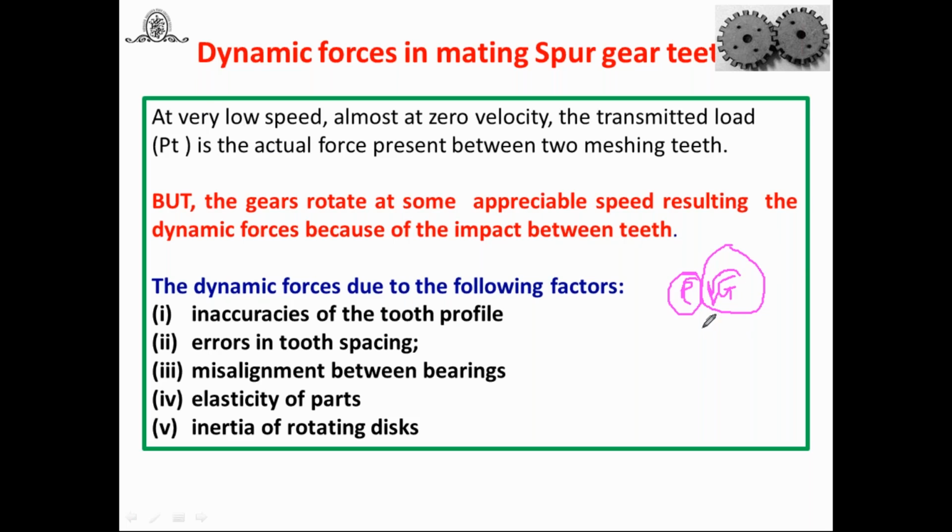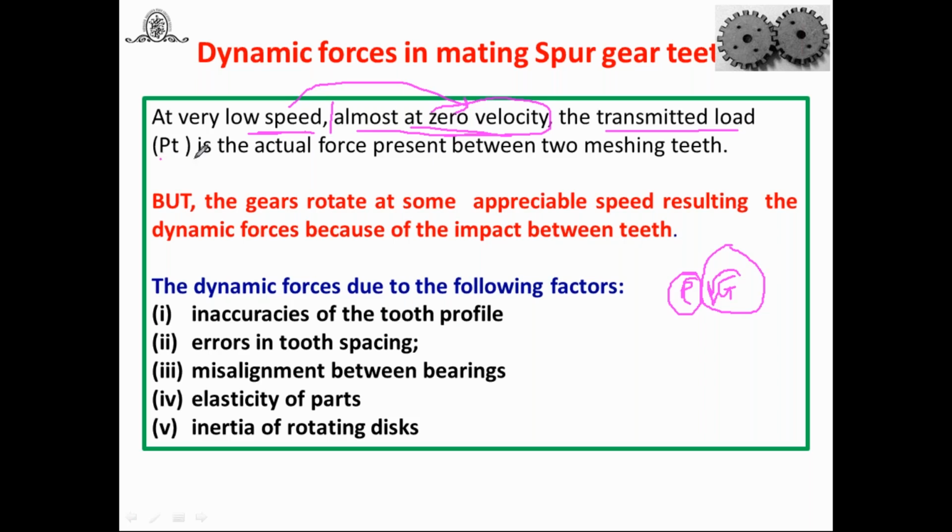Sometimes the pinion rotates at very low speed, almost zero velocity, though that is not really possible. If the pinion is stationary, no dynamic forces result between the pinion and the gear. And I am saying almost zero velocity, meaning a very low speed, not exactly zero.